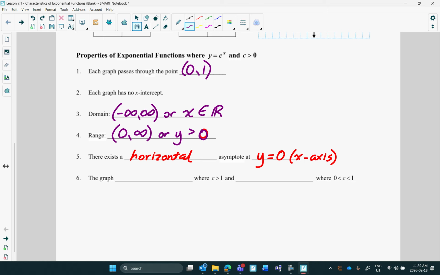If the base is bigger than 1, the graph increases left to right. So as I go from the left to the right, it's going up, it's increasing. If C is a fraction between 0 and 1, it actually decreases left to right. And we'll see an example on the next page.